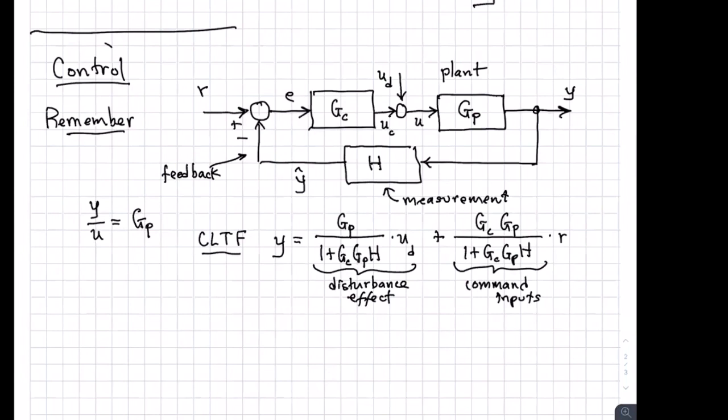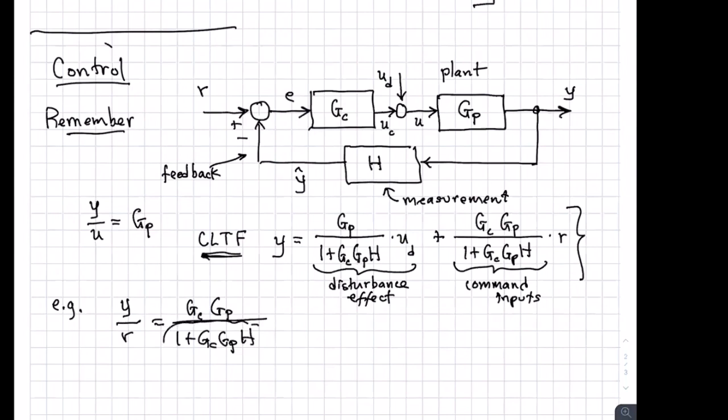So with this little formula, you plug in what you know for your transfer functions, and you can get what we call the closed loop transfer function. For example, to get the response Y to the reference input, you just need GC GP over 1 plus GC GP times H. And that's your transfer function.